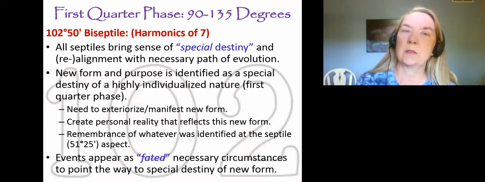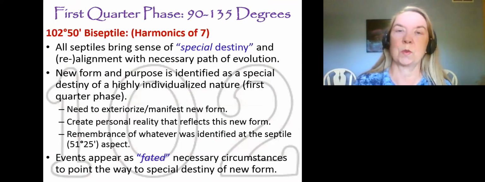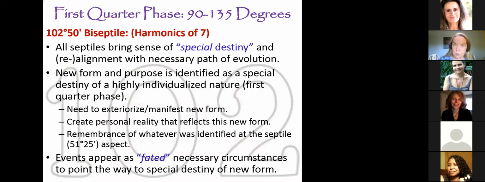As we said earlier, it's in the first quarter phase, which is between 90 and 135 degrees. However, let's back up. All of those septiles, regular, bi, tri, septile, they all bring what EA, or evolutionary astrology, calls a sense of special destiny, and either aligning with our necessary path of evolution, for instance, in the first septile, or a realignment with the biseptiles, triseptiles as we go around the circle.